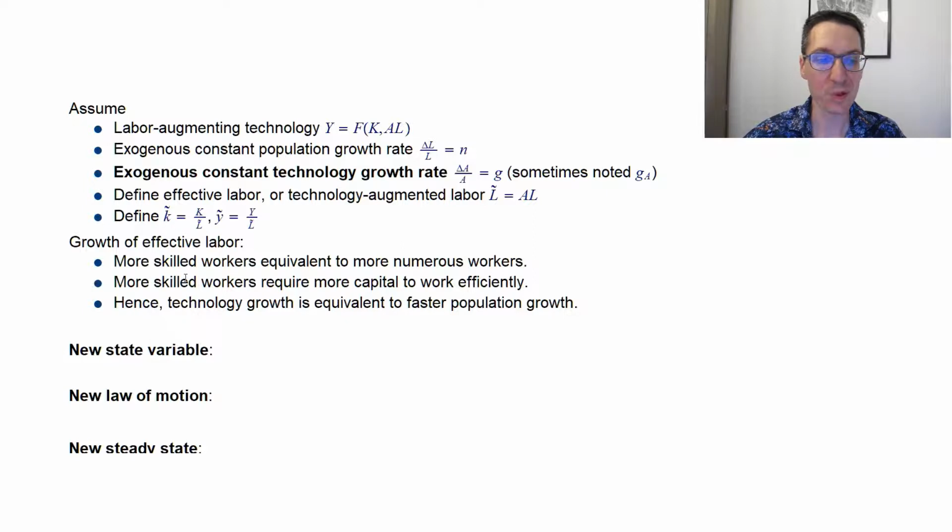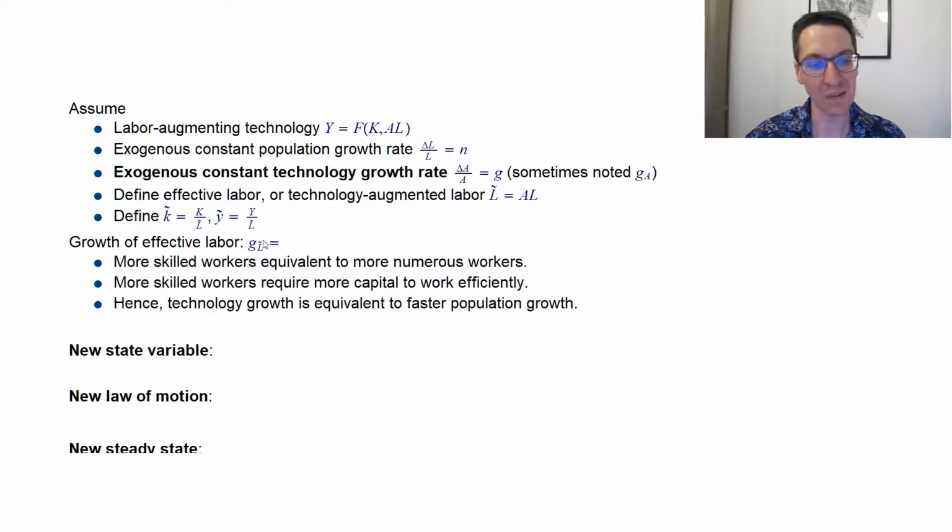And now the important question is, we had the growth rate of labor. Now we need the growth rate of efficient labor. So what is the growth rate of efficient labor? I give you a couple of seconds to think about it. All right, so let's just write it. g of L tilde is equal to what?